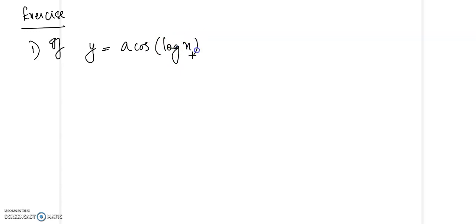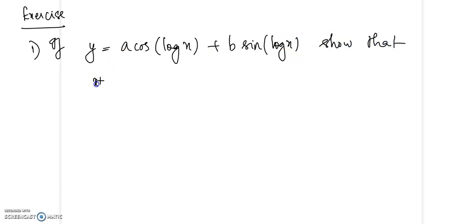Those are a few problems. Now I want you to work out these problems. If y equal to a cos log x plus b sin log x, show that x square d square y by dx square plus x dy by dx plus y is equal to 0.